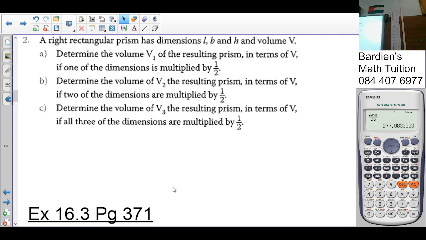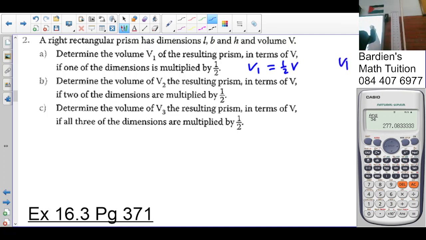So, right, a rectangular prism has dimensions L, B, and H, volume V. Determine the volume V1 of the resulting prism in terms of V if one of the dimensions is multiplied by a half. So before doing anything, what would the answer be? Not KV, so we spoke about this.